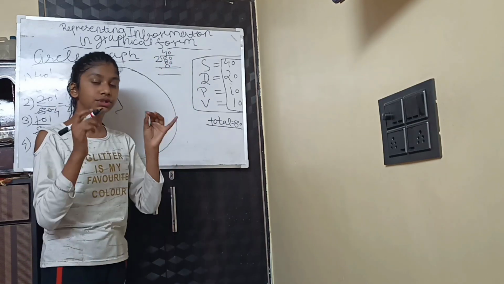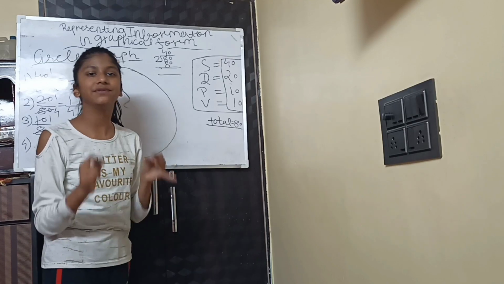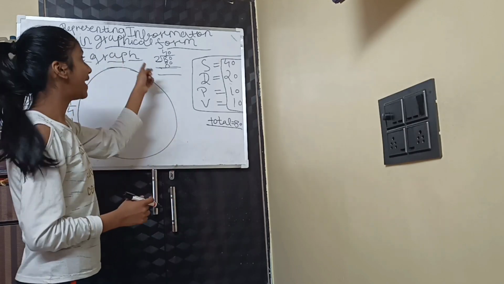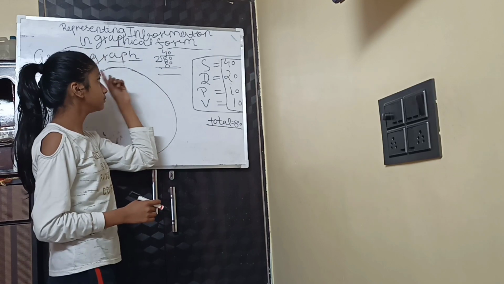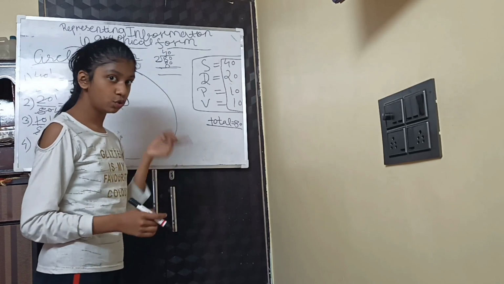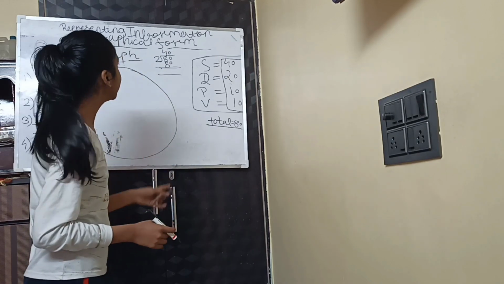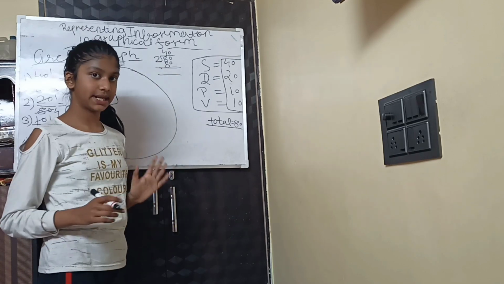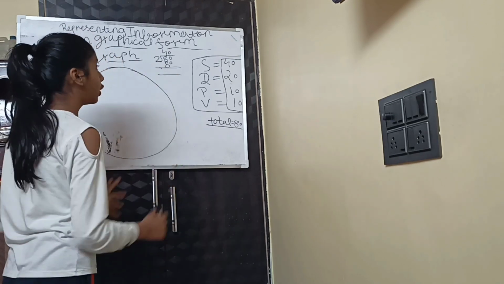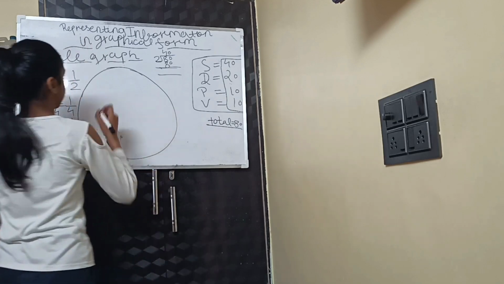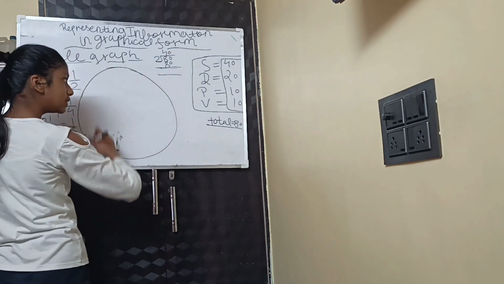Whenever we have to take out the half of any number, we always divide it by 2. So the half of 80 is 40. Now the samosa is 40. Now this whole complete circle is 80.